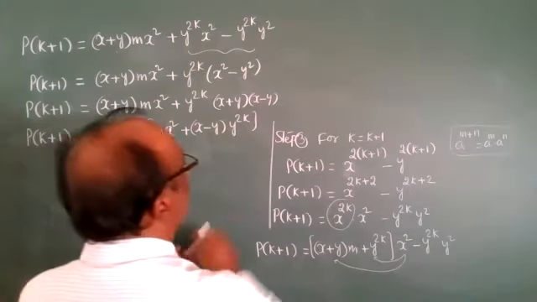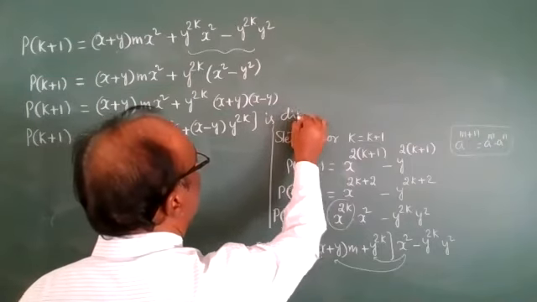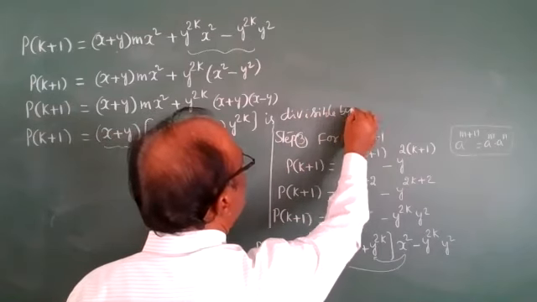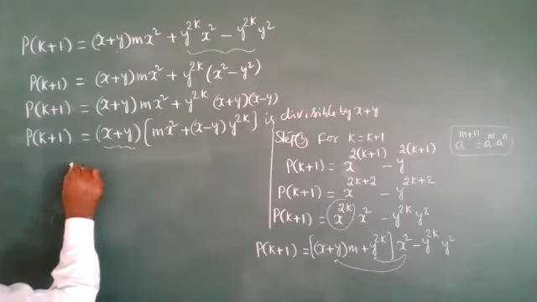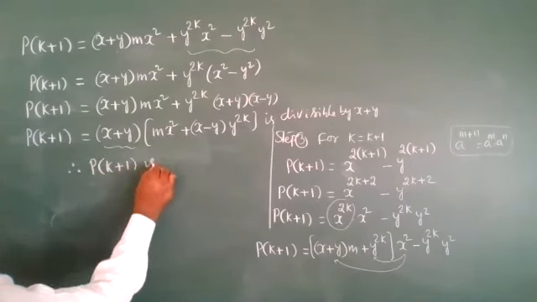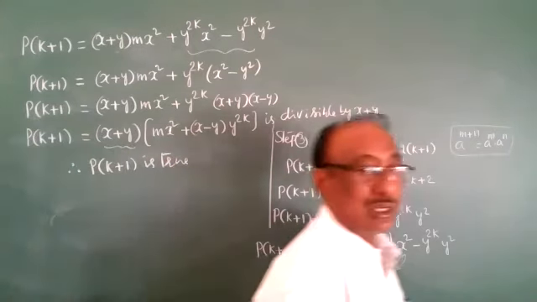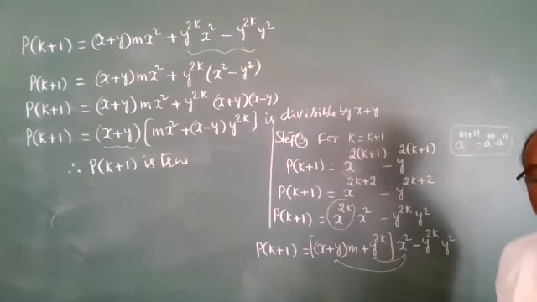Now write down: it is divisible by x plus y. Therefore, P of k plus 1 is true. Understand, everyone? Check one time. You should check.